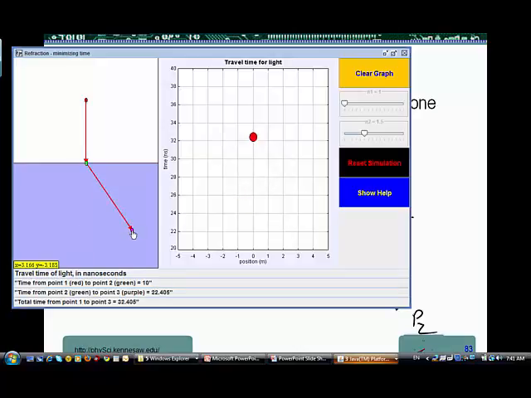What about if this is where my P2 is? And let's try to figure out the point. See here, you notice the point where it's going to take the minimum amount of time happens here. That's when the light is going to bend.